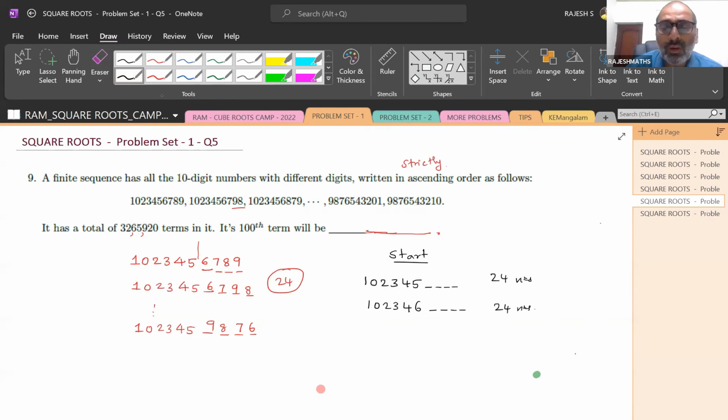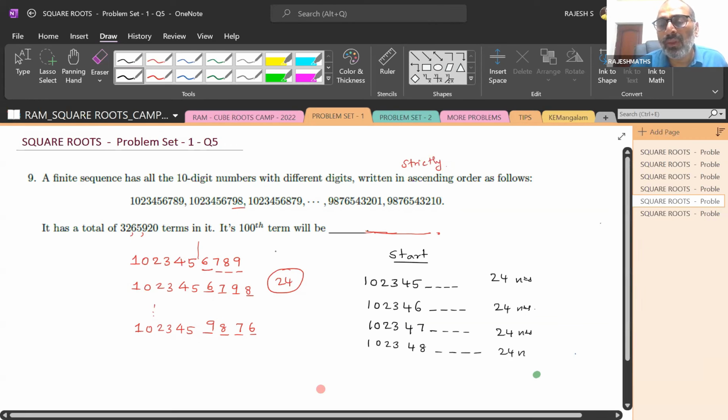Okay, fine. 1, 0, 2, 3, 4, 7, we have another 24. 1, 0, 2, 3, 4, 8. That means the last 4 digits in this case are 6, 7, 8, 9 in permutation. That will give you 24 numbers.